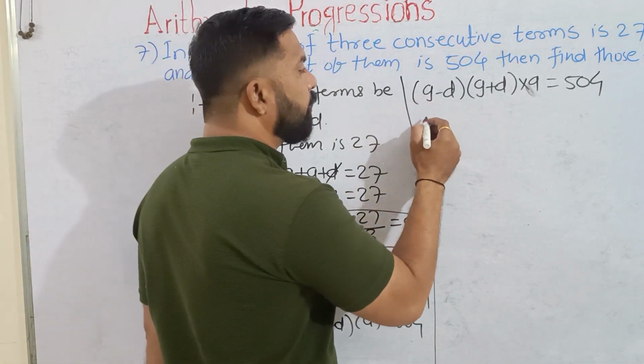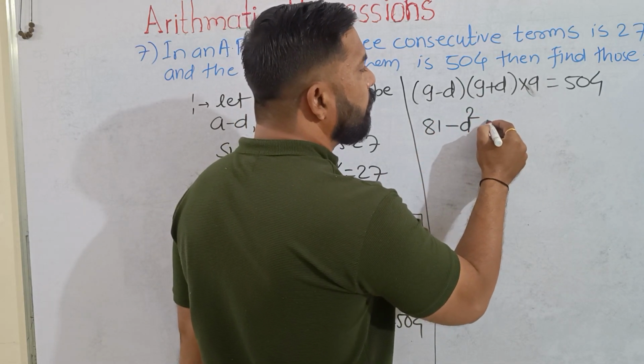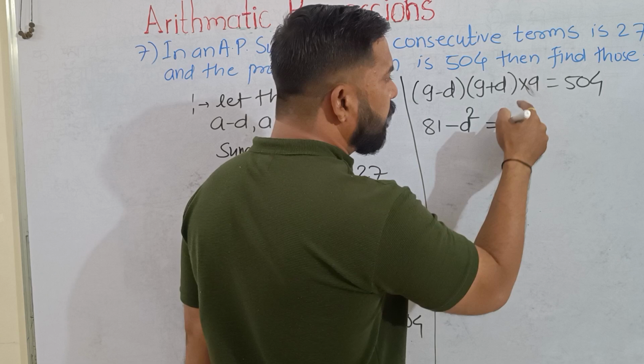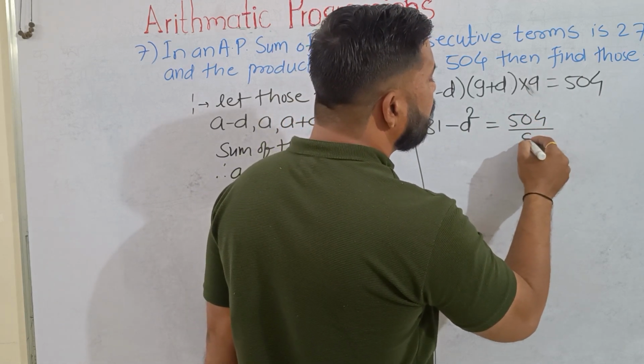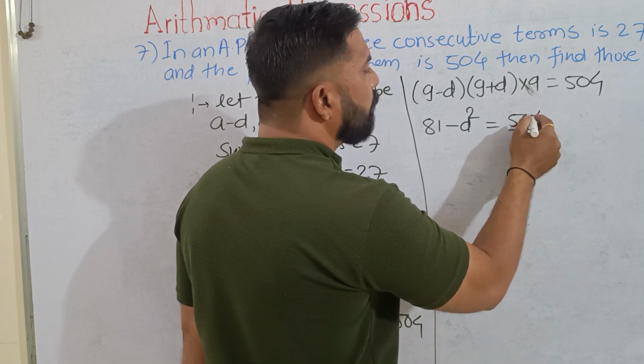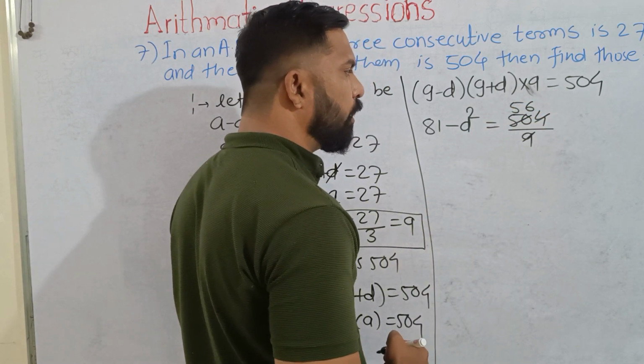What is a square? 81. What is b square? d square. And this 9 I am sending to the right side. 504 by 9. 9 ones are, 9 fives are, 9 sixes are 54. Over.